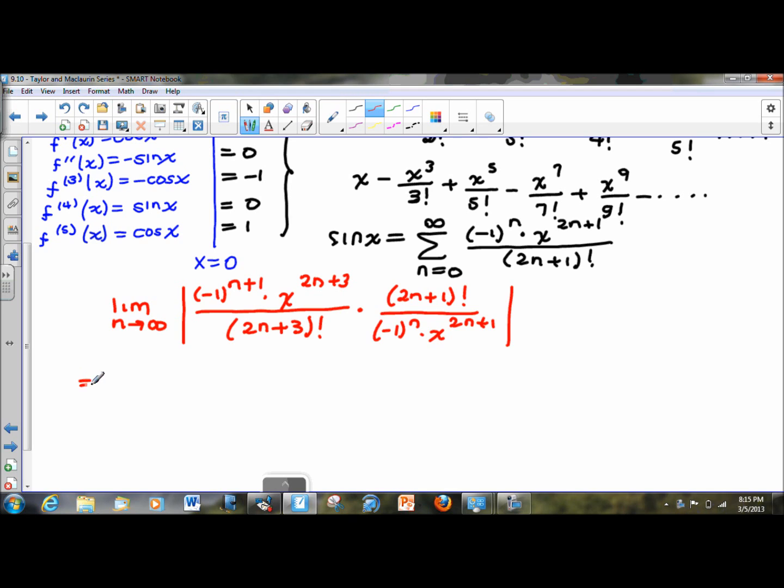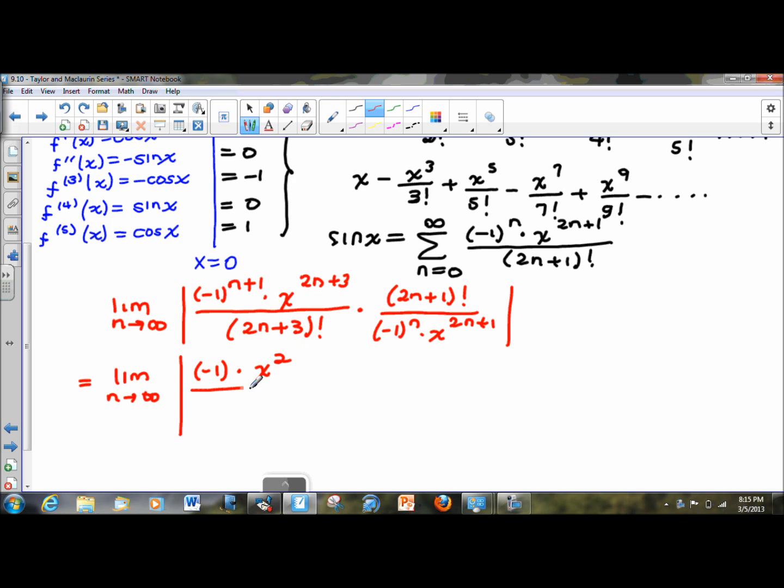So this limit would then become, well, the negative 1 to the n plus 1 and the negative 1 to the n will reduce a bit to just give us a negative 1 to the first. And the x to the 2n plus 3, I could subtract exponents, 2n plus 3 and 2n plus 1, and I would end up with a square, a 2.